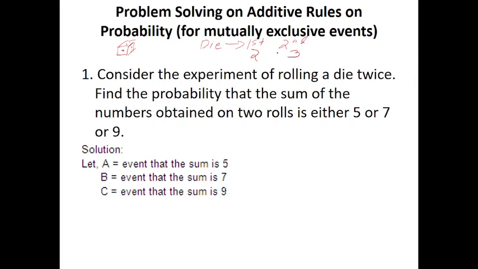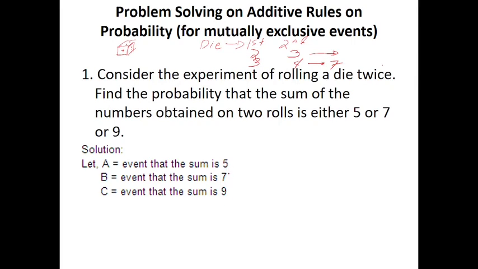So in this case, pag pinag-add mo yan, 5. Pwede ba na 5 na at the same time 7 pa? Possible ba yon? No. They cannot occur at the same time. Kasi possibility, pwedeng 3 to 4 yon, 7. Pero hindi pwede na 5 na siya, 7 pa siya.